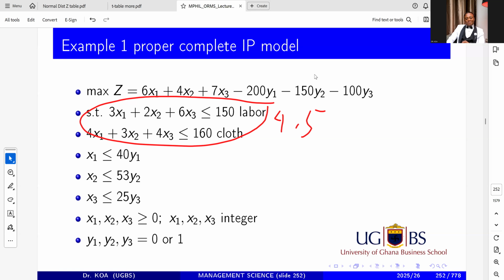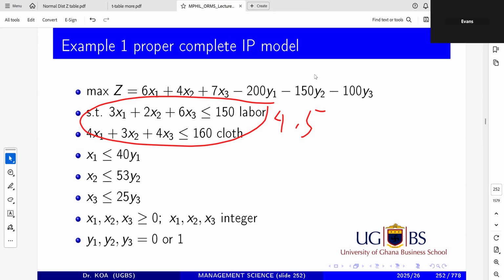After that, you select the smaller one that satisfies all the constraints. And then you come to the next one, X2. You assume that X1, X3, X4, X5 are 0, and you find X2 in all of them. After that, you find the one that satisfies all constraints.